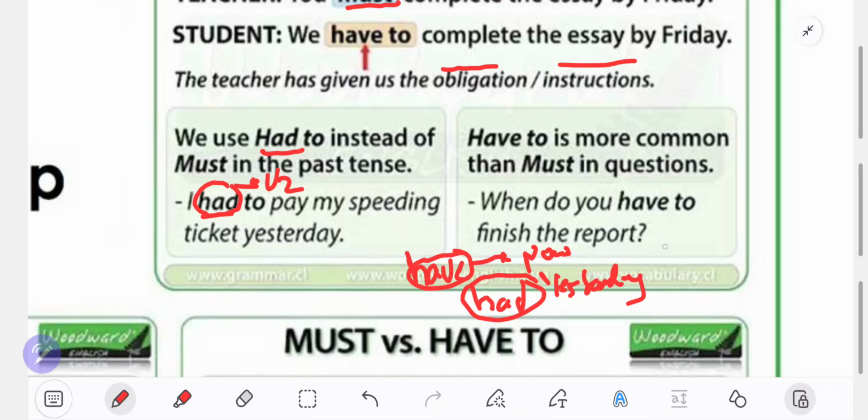It is better than if you use when do you must finish the report. Okay, it is not common. You must remember, for questions it is better to use have to.